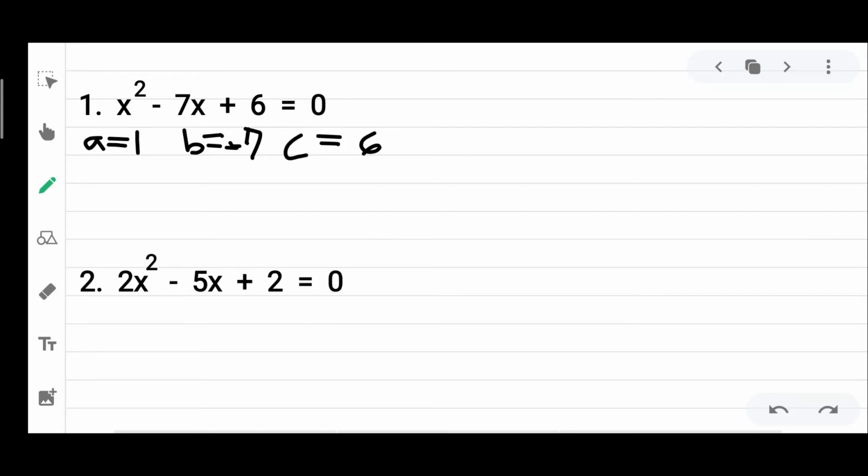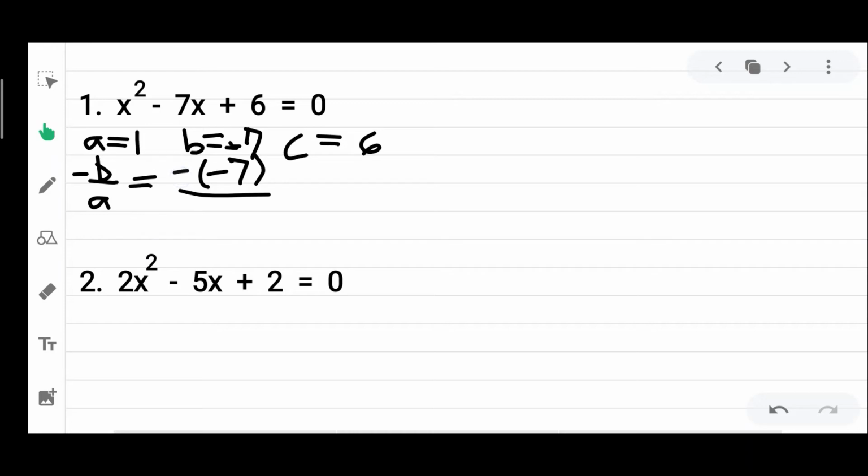Then, solve muna natin yung sum of the roots of quadratic equations. So, which is, yung formula is negative B over A. Copy negative sign dito sa formula. Then, what is the value of B? Negative 7. Then, over, ano bang A natin?